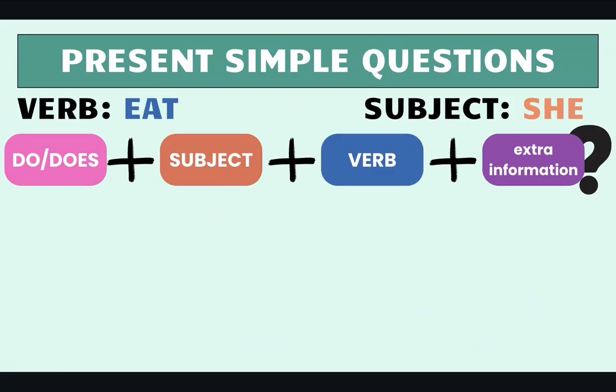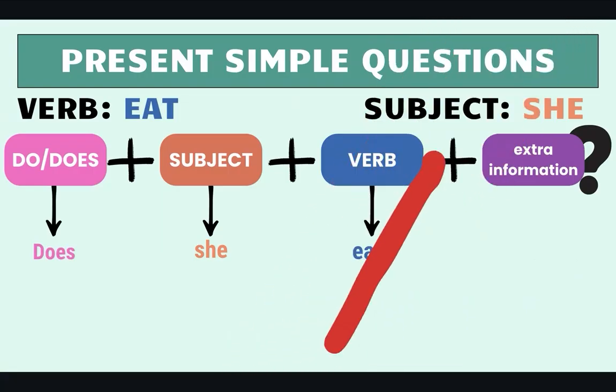Let's try to build a question with the verb eat and the subject she. We're going to put our subject first because it helps us decide whether we use do or does. She is third person singular, so we're going to choose does. Again, we do not need to change the verb. So if you said eats, you are incorrect.